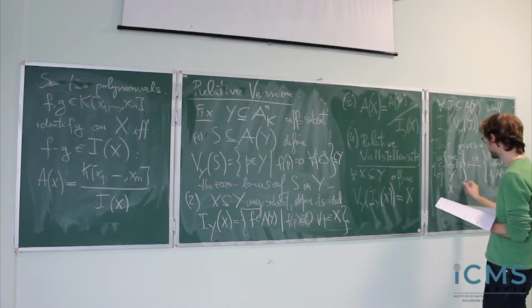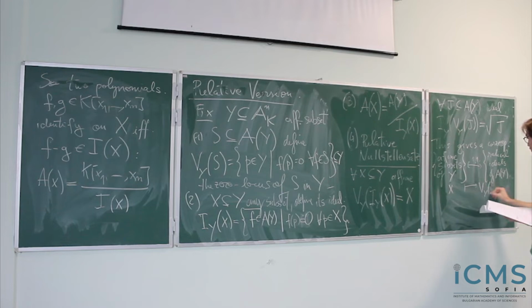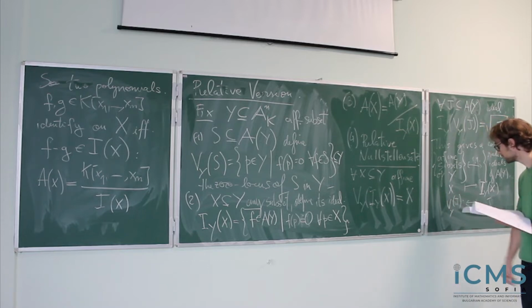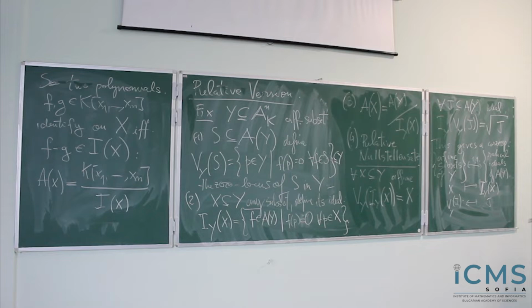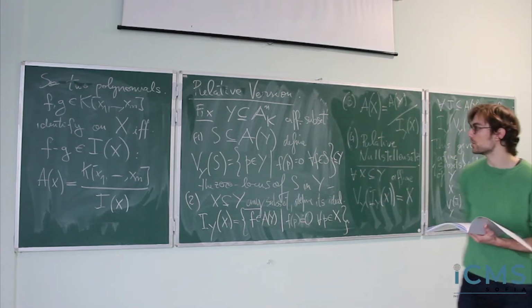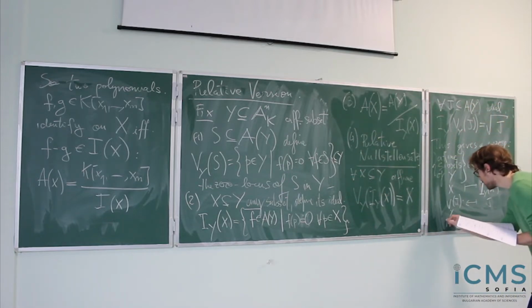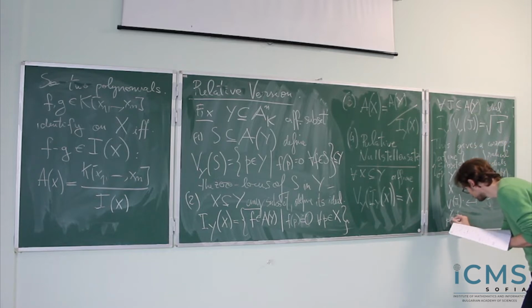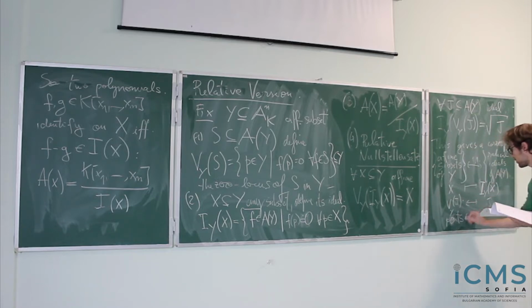And as you can imagine, it's the same type of procedure. The ideal, and on the other side, take V_Y of J. And exactly like we did for points in the global version, we have points here that correspond to maximal ideals.